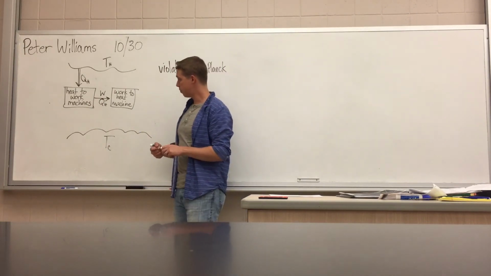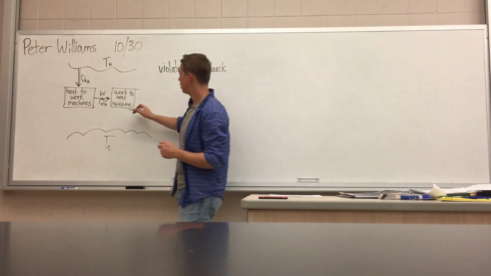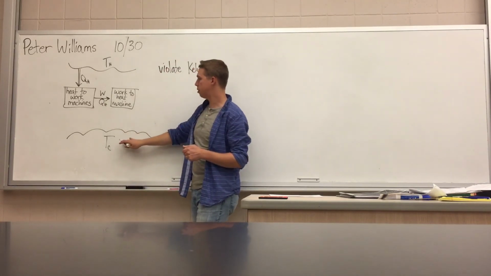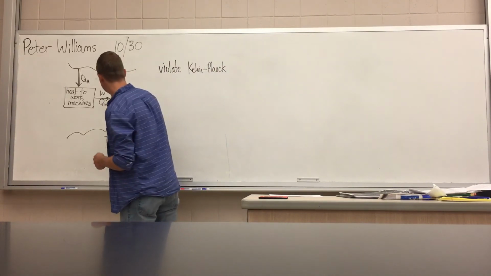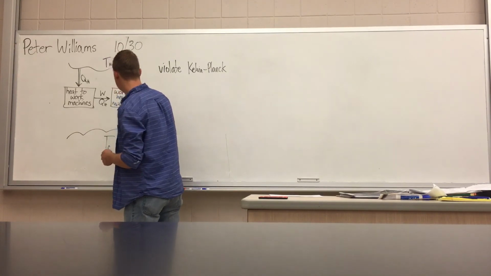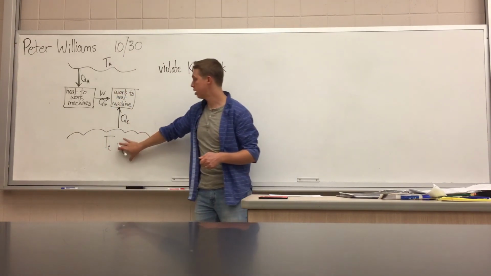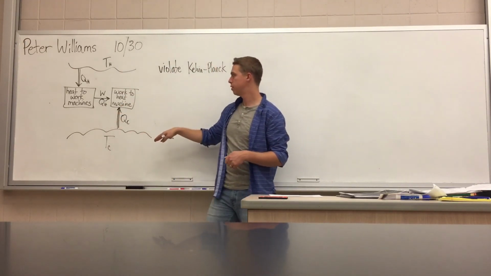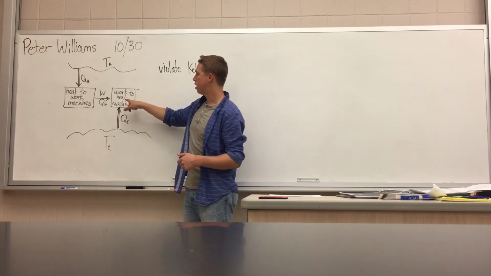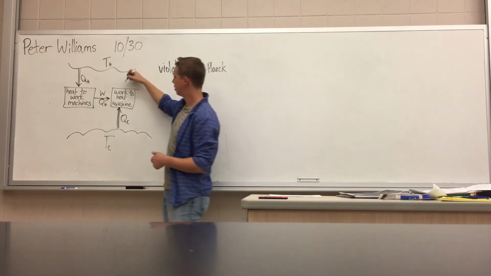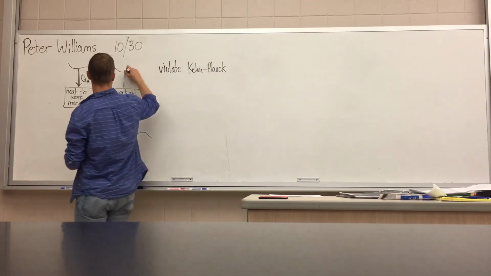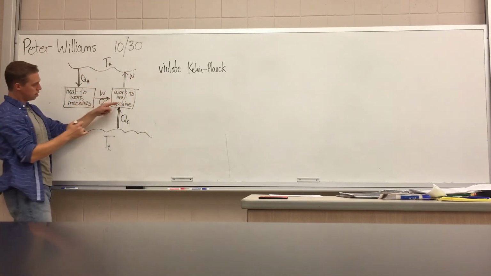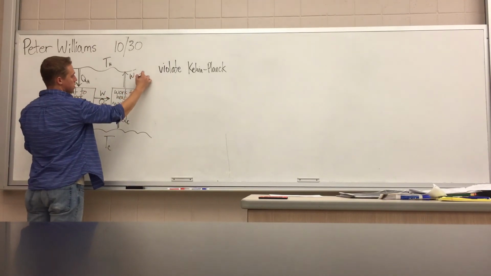So that means that I can take this work and let's also pull a little bit of heat from the cold reservoir. This is QC, just whatever amount of heat we're getting from the cold reservoir. And that means that I can have 100% efficiency here and go up with the amount of the work plus the QC.